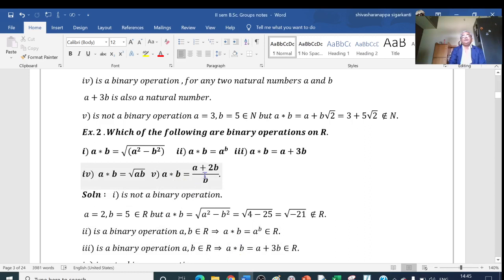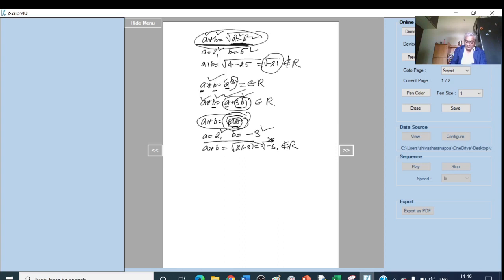Next, A star B equal to A plus 2B divided by B. A plus 2B whole divided by B. This is our A star B. See here, A is a real number, B is a real number. Therefore, if B is a real number, then 2B is also a real number, and A is a real number.